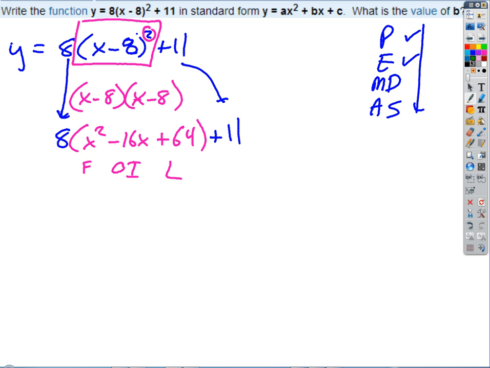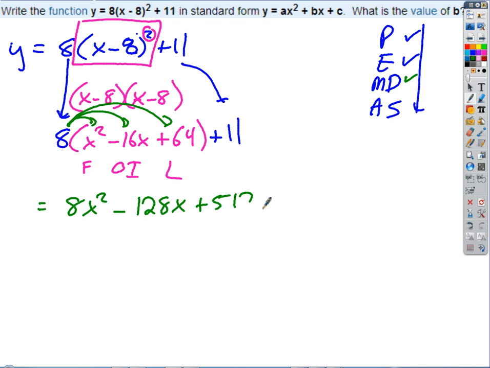When I multiply 8 times this quantity, doesn't that mean distribution? That's going to give me 8x squared minus 128x plus 512. Out at the end, I've still got this plus 11. That took care of the multiplication. Then last step, add 11.